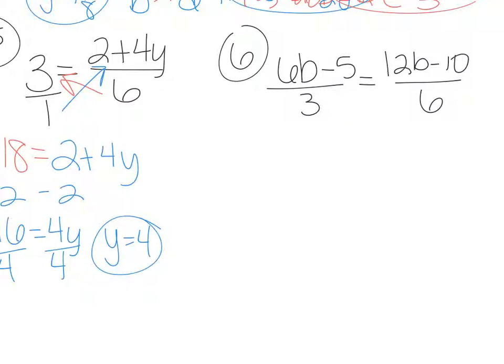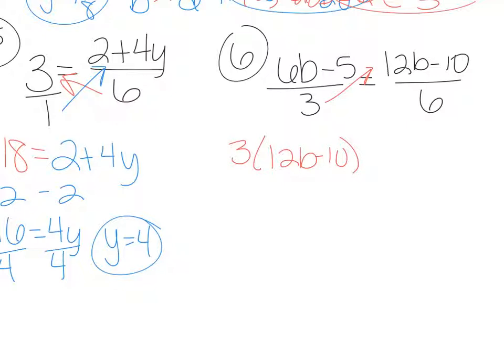I have my equation of 2 ratios. So we're going to multiply up and across. Being really careful both times this time because I have to put this in parentheses and I need to put this in parentheses. So I'm going to take 3 times the quantity 12b minus 10.